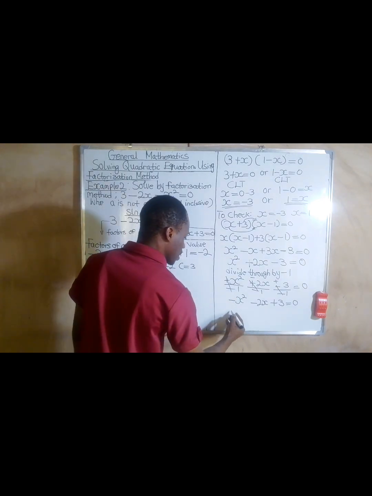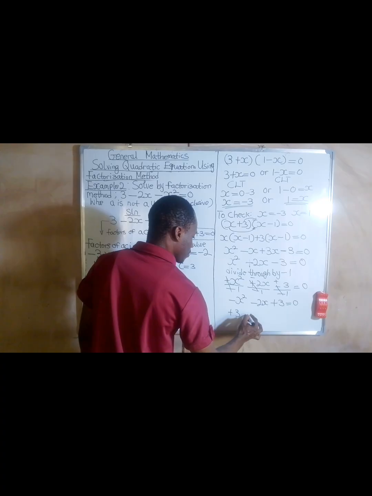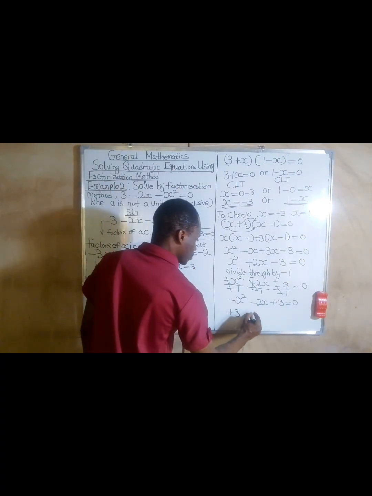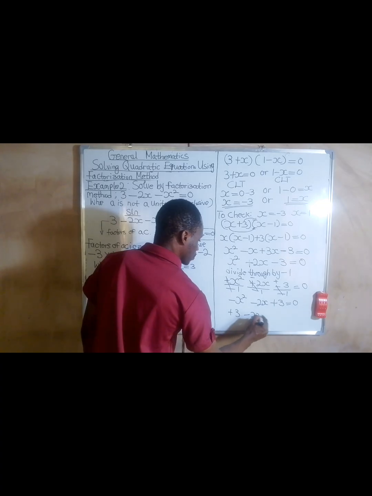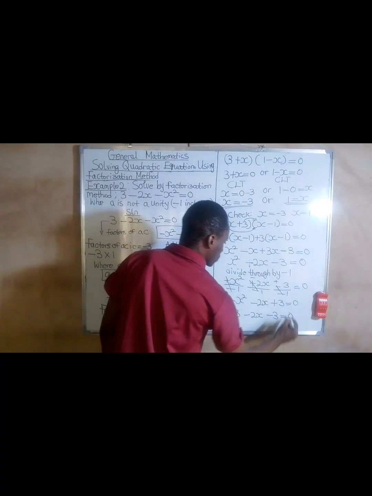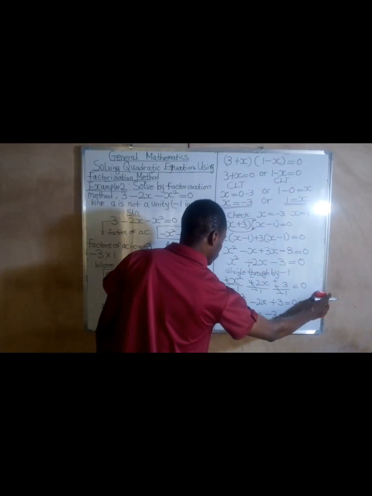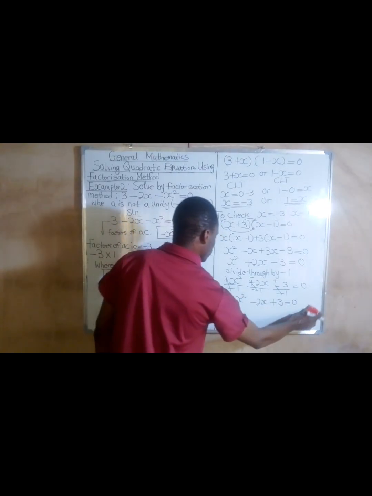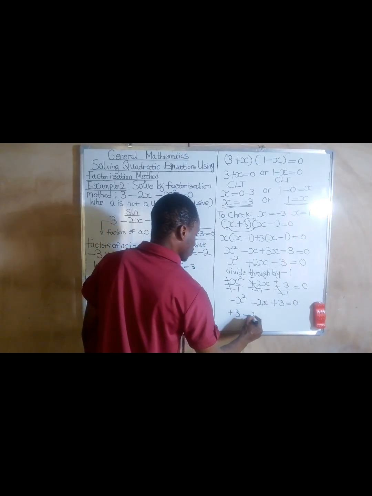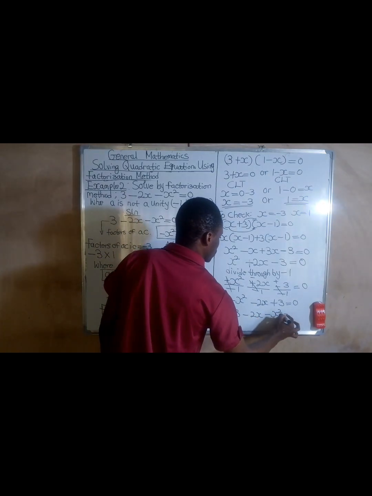Rewriting the other way, you now have plus 3 minus 2x minus x squared equals 0.